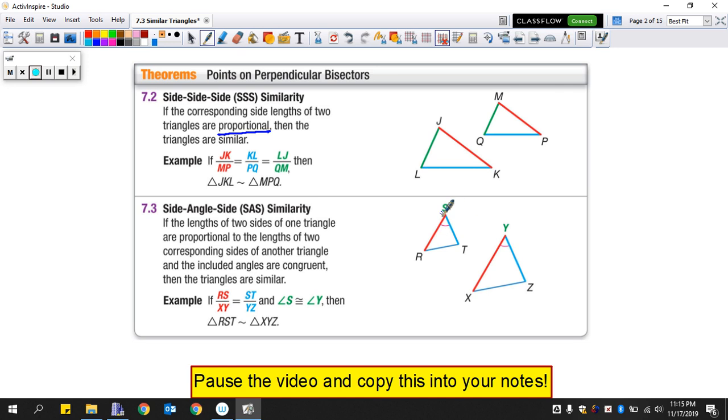So if this side and this side are proportional, and this side and this side are proportional, and the angle between the two sides is congruent, then the two triangles are similar. In other words, it's a side, then the angle, then the side. That's why it's called side-angle-side. Remember that the angles are always going to be congruent, and the sides are going to be proportional.